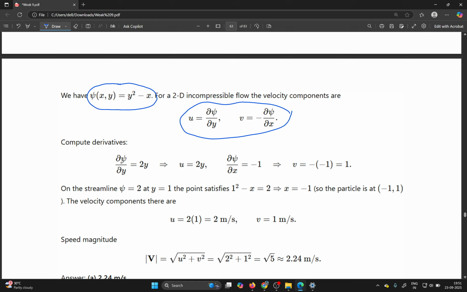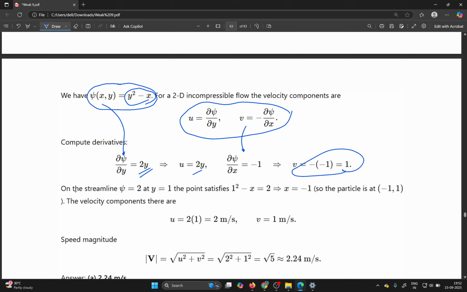After differentiation of y square minus x, del psi by del y gives 2y, so u equals 2y. Differentiating with respect to x gives only minus 1, so v equals minus of minus 1, which is plus 1.